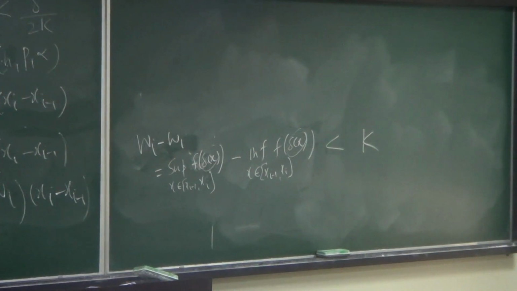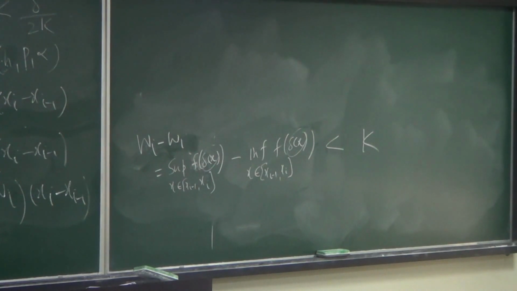Now just think about it. You have a difference less than delta, so for this difference this inequality would be true. Put M_i here and small m_i here, so it's going to be less than this.